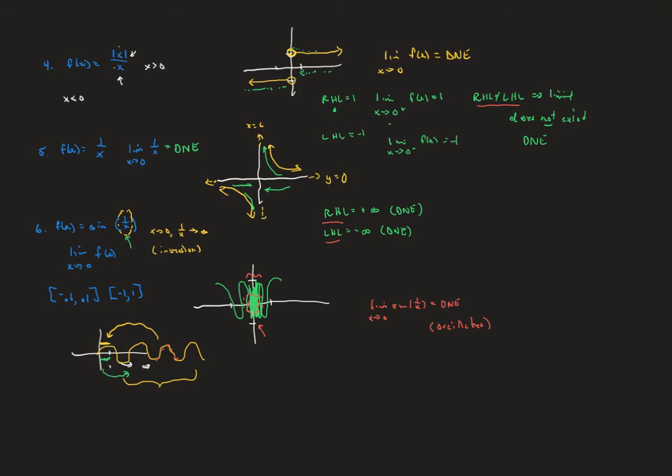Okay, so we see a few different ways that the limit can fail to exist. In fact, there's 3 ways. Let me just write that down. So 3 ways the limit can fail to exist.